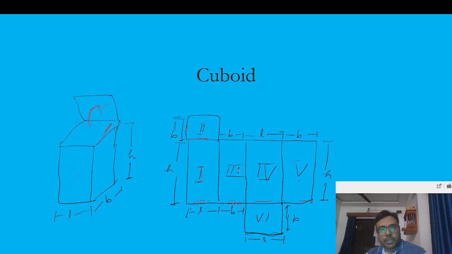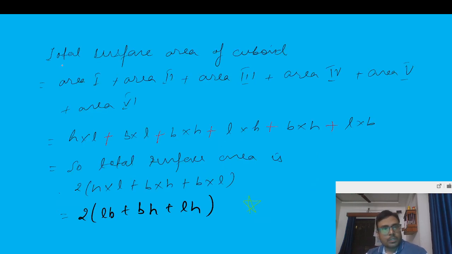So when you calculate the total surface area, you have to calculate the area of all the 6, and all 6 resemble rectangles. So you have to calculate the area of all these rectangles. Total surface area of cuboid is area 1, 2, 3, 4, 5, 6.